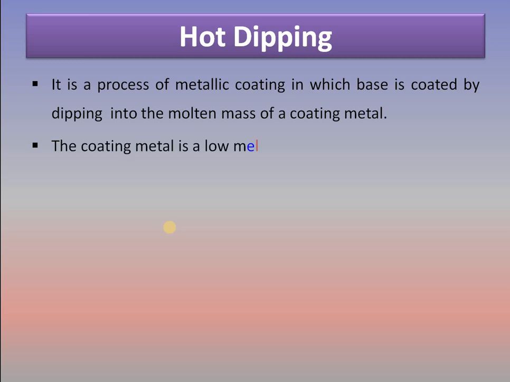In case of hot dipping, the coating metal should have a lower melting point than the base metal. The base metal is immersed into the molten mass of the coating metal, and the coating metal should have a low melting point than the base metal.